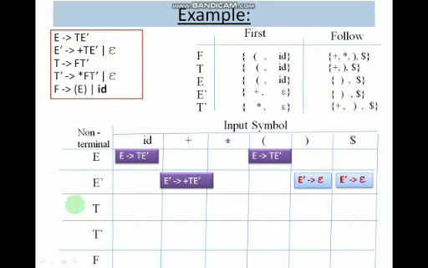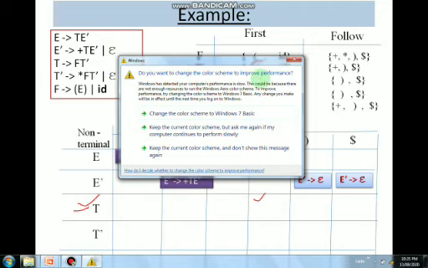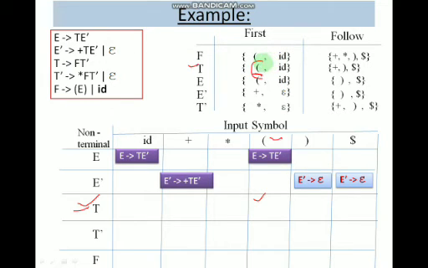Now we will try to fill more entries here. Now for T, where is T? This is T. For T, open parenthesis: where is open parenthesis? This one, and this is T. So this would be the index or location. We will make this entry, because first of T contains the open parenthesis.